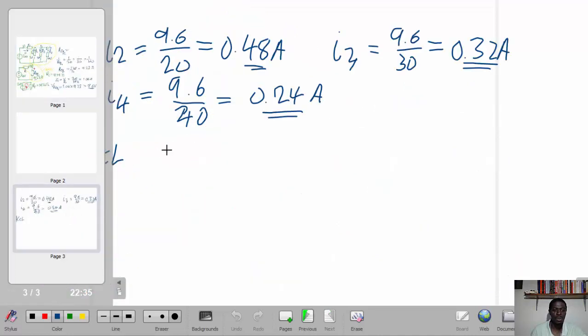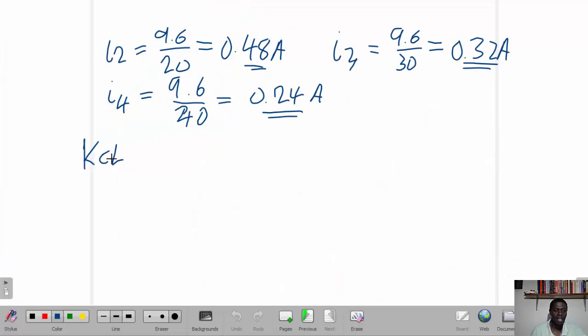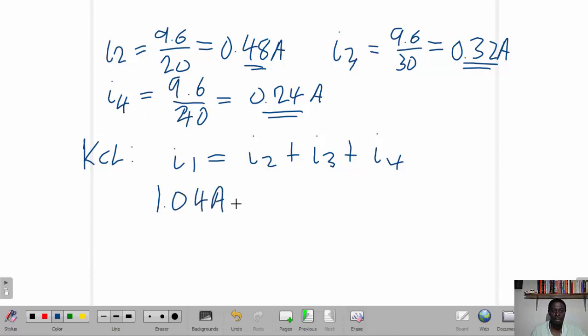So from KCL we can say I1 must be equal to I2 plus I3 plus I4, and when we add here, we've got 1.04 amps for I1 must be equal to 0.48 plus 0.32 plus 0.24.